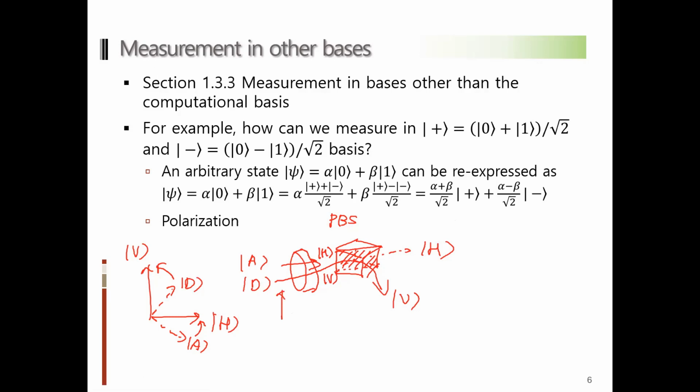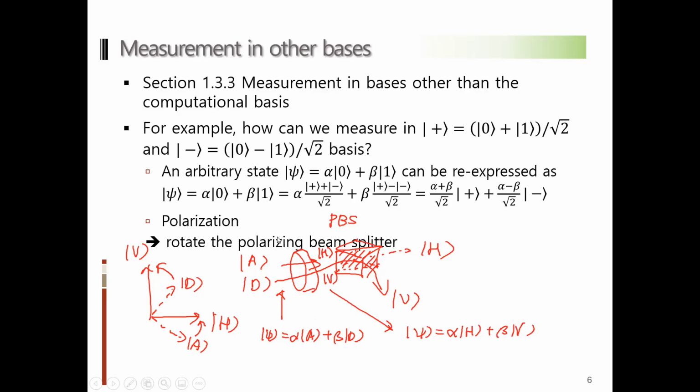Before the transmission, the psi might be alpha A plus beta D. After the transmission, they will still remain as a superposition, but the basis vectors are replaced by H and V. So measuring in this space using the PBS with the HV basis is equivalent to measuring the original state in the A and D basis. Those are the two options for the polarization.